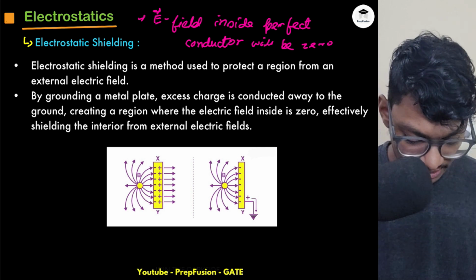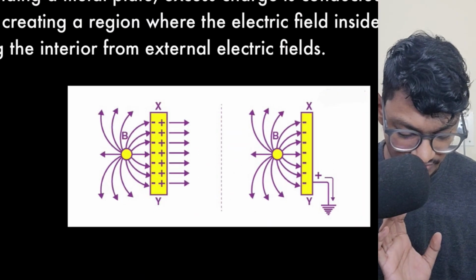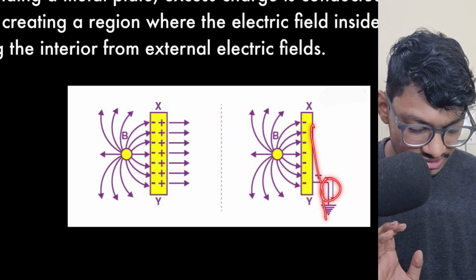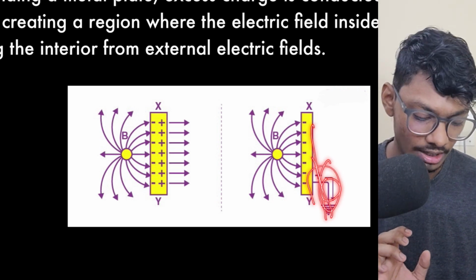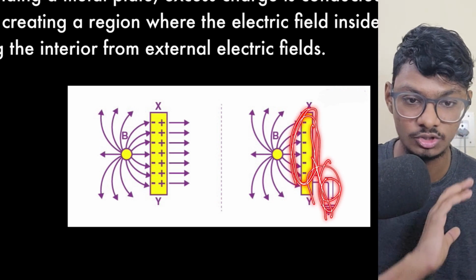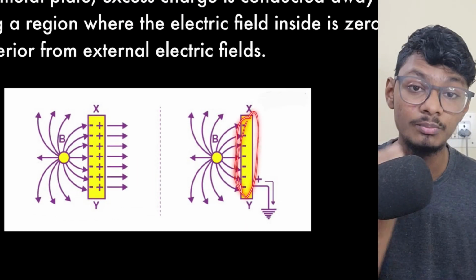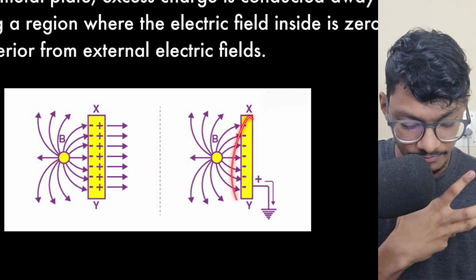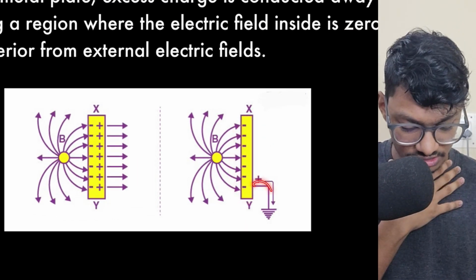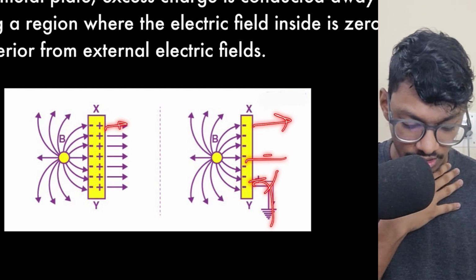Now if the electric field inside this perfect conductor is zero, what will happen is, if I ground this, all the excess charge will go to ground and there won't be any charges here. It will be charge free and it will have zero electric field. So this particular thing will protect the structure from any electric field. If I just ground this, no electric field will pass through here.